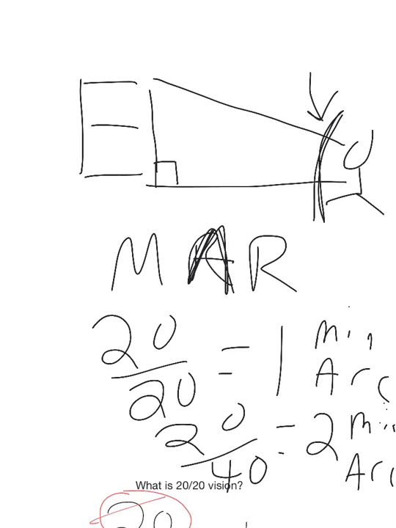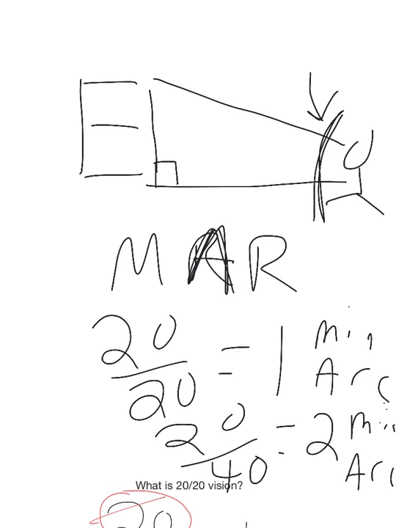Which makes sense because if your vision was 20/40, your visual acuity is twice as bad as 20/20. As your minimum angle of resolution increases, your ability to resolve letters decreases.